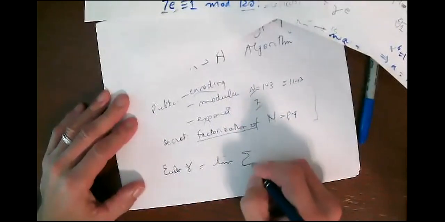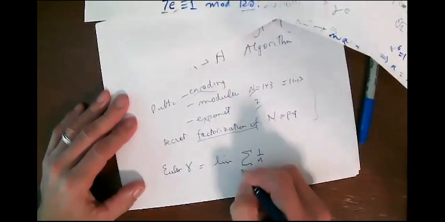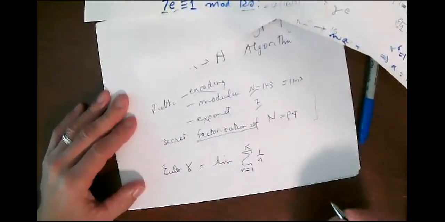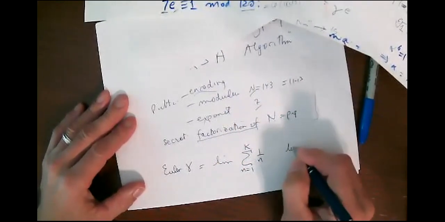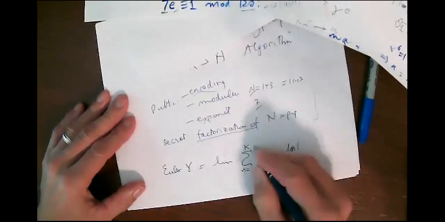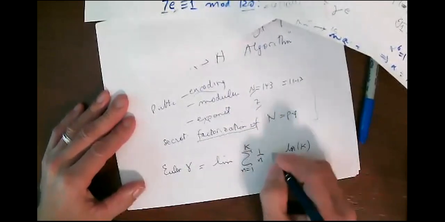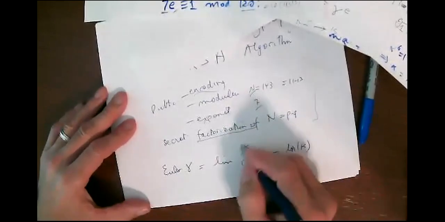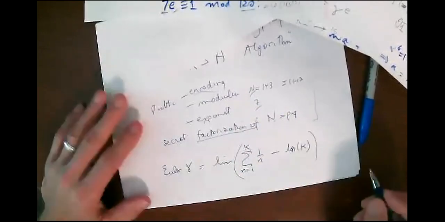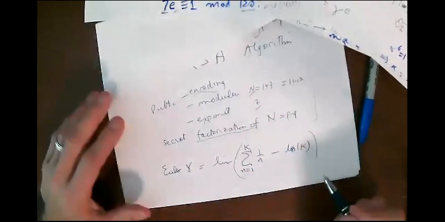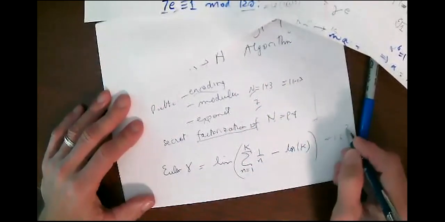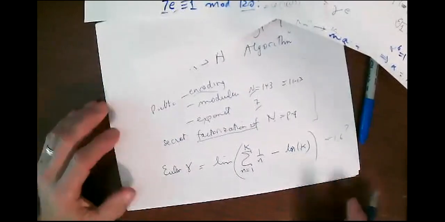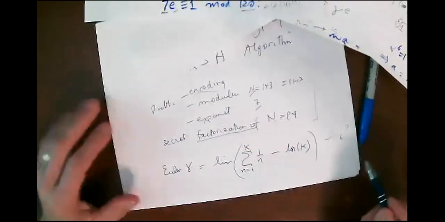You know from calculus that if you take the sum of the reciprocals of the first few integers, this is approximately equal to the natural log of k. But the difference doesn't go to 0. The difference goes to some number, and I think it's like 1.6 or something like that. But anyway, it's something that you can calculate. It's just nobody knows whether it's a rational number or not.